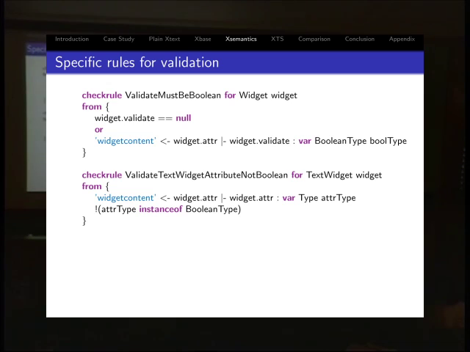So I can pass to the rules other mappings for the elements of my language. And as I was saying before, in the premises of the rule, you can either invoke other rules or write any Xbase expression.